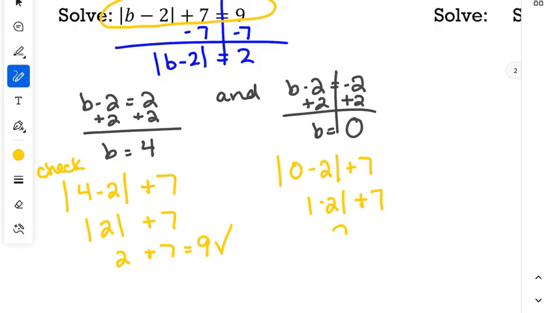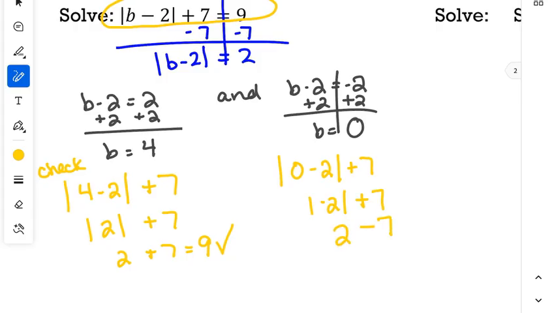It's 2. Plus 7 is 9, so it does work. If we were to put it in without the absolute value in the very beginning, it wouldn't work. But because we have that absolute value, it changes that negative to a positive. I don't know if you can do absolute value in the calculator. Okay, so here we go. So we have 4 and 0.